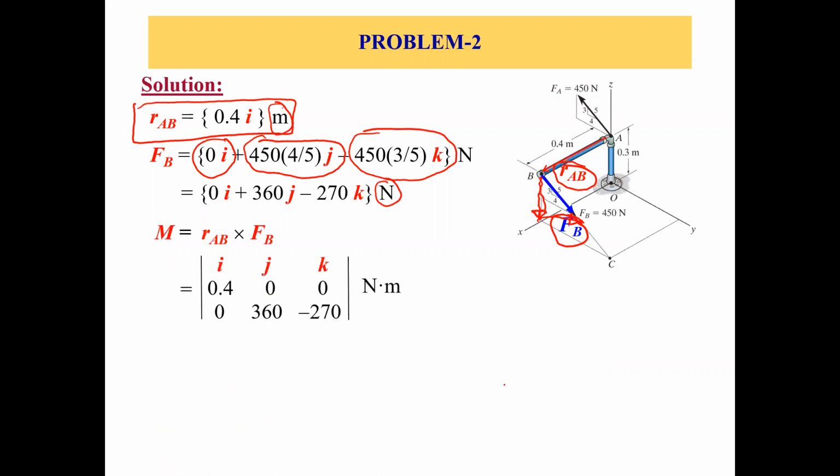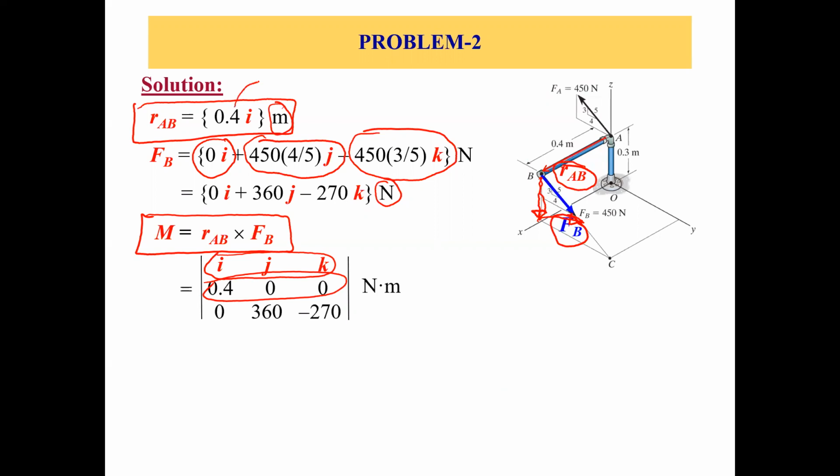So now we have the position vector RAB. We have the force vector FB, and we can take the cross product to get the moment in vector form. We know how to take the cross product: a 3 by 3 determinant. First row is ijk, second row is the position vector.